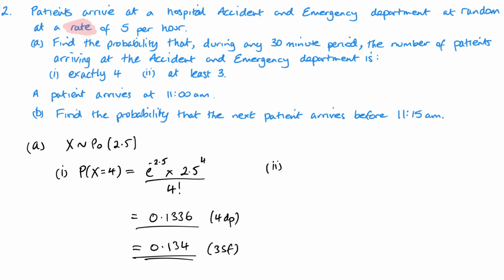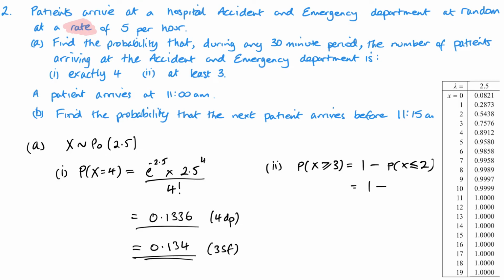Part 2, at least 3. So at least 3 means greater than or equal to 3. So this is 1 minus the probability that x is less than or equal to 2. So it's 1 minus, and then we want to go to our tables, because 2.5 for lambda is in our tables. So here you have the table, and looking at 2, we get 0.5438.